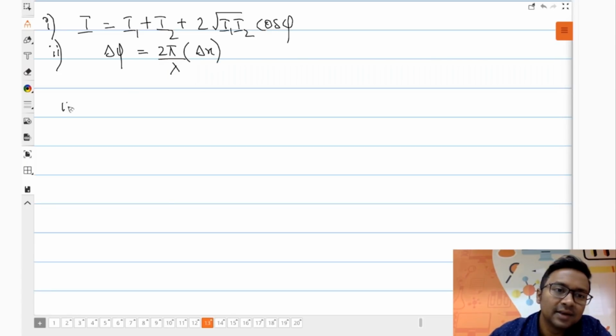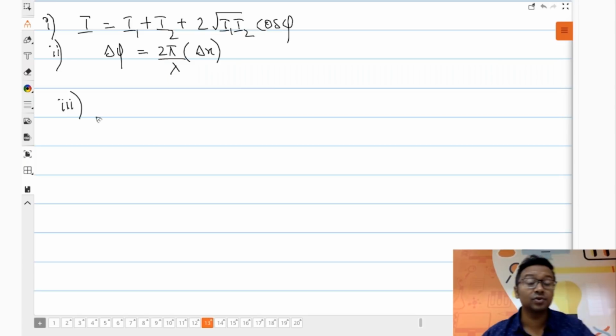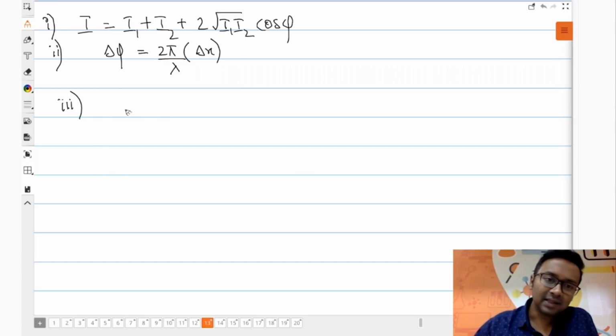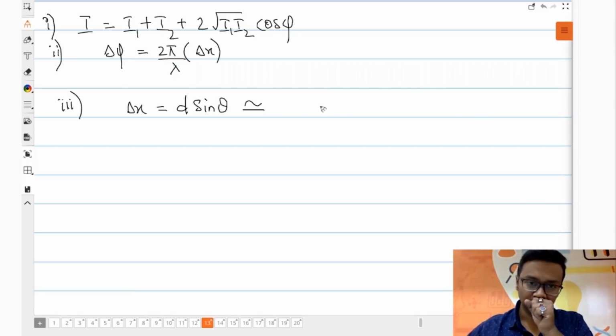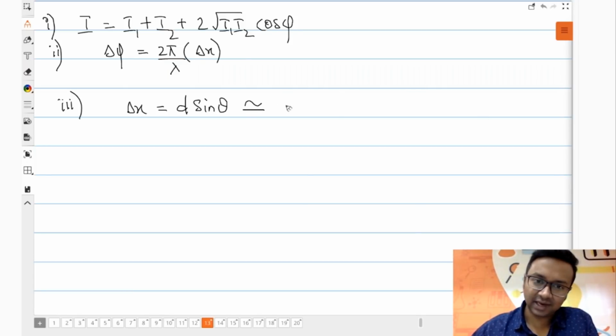Clear? Students, whatever you saw just now, this formula next: d sine theta, for the approximation that my theta value is very, very small, then this is going to become d tan theta.